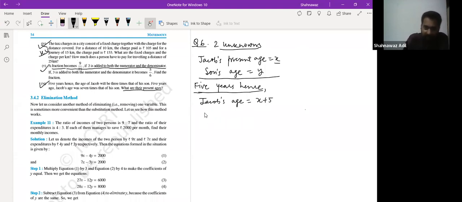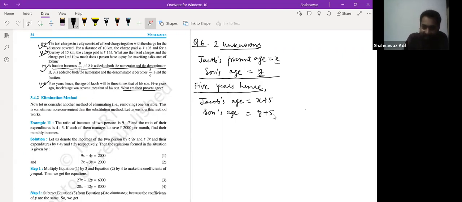And what will be his son's age? His son's age is Y. So what will be his age 5 years from now? Y plus 5, because he will grow older, right?